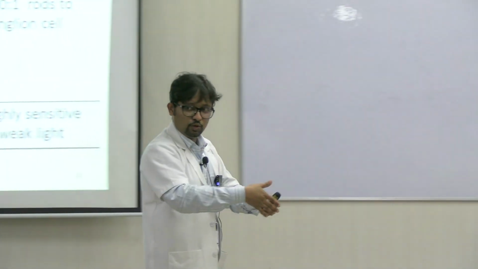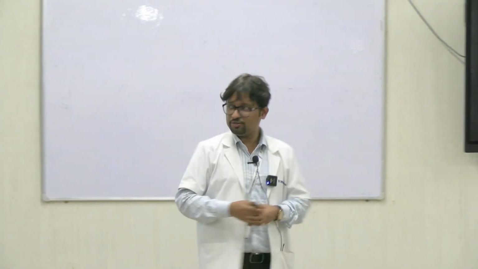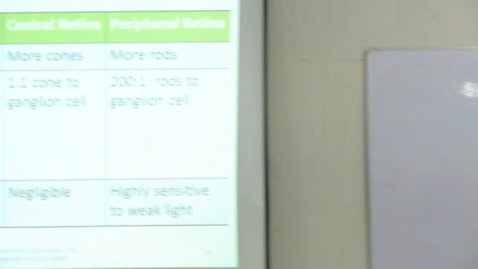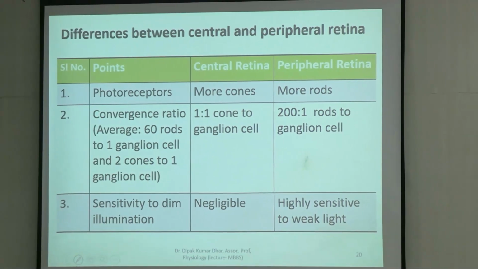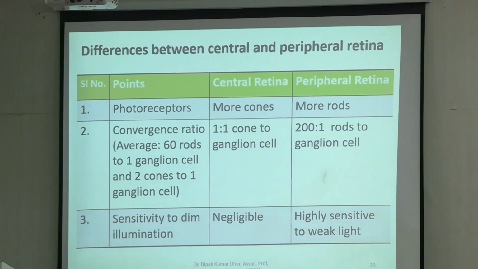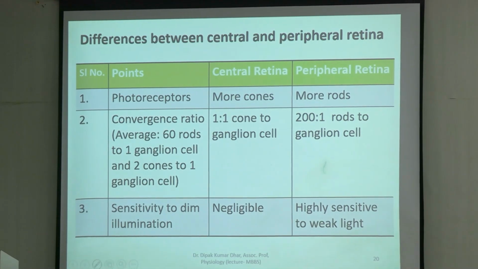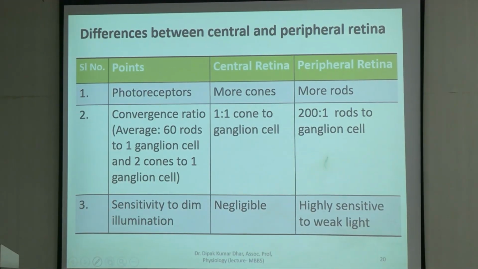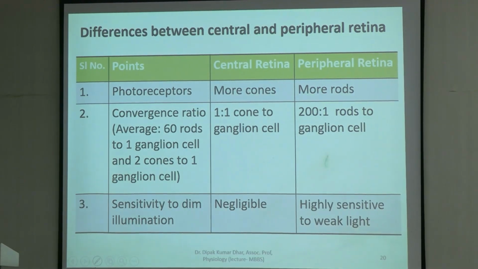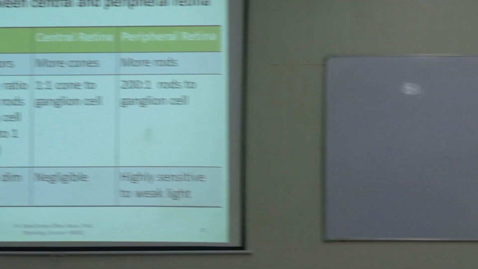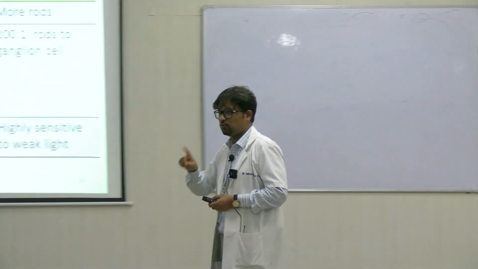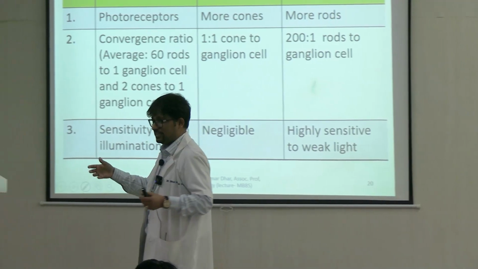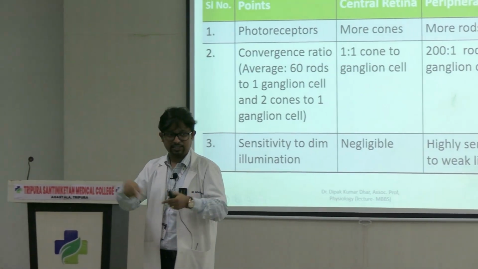So there is synaptic convergence. What is the ratio? The rough average ratio is for rods it is 160 rods ultimately feeding to one ganglion cell, but for cones it is 1:1, right? So the point I'm making here is, if so many rods are finally feeding into one ganglion cell, 160 rods scattered in the retina, ultimately एक ganglion cell पे जाके वो converge कर रहा है.